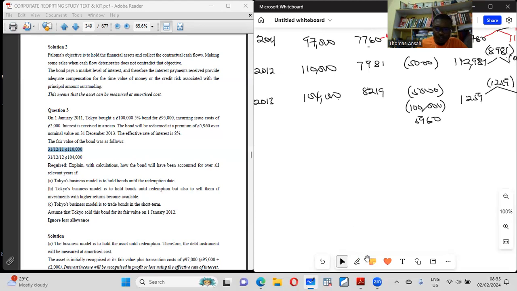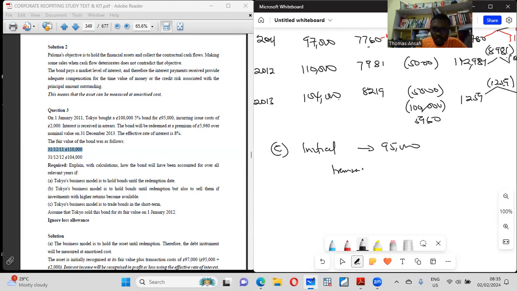All right. What about the C part? The C part, we are told that it is fair value through P&L. So that one, our initial measurement will be how much? Just the 95,000. We will treat the transaction cost of 2,000 to what? To P&L.